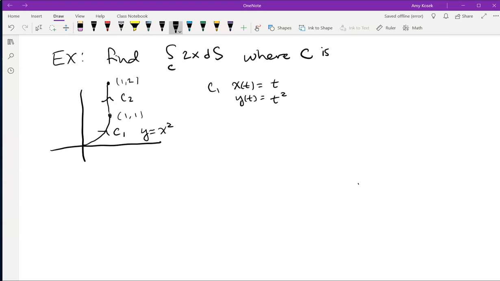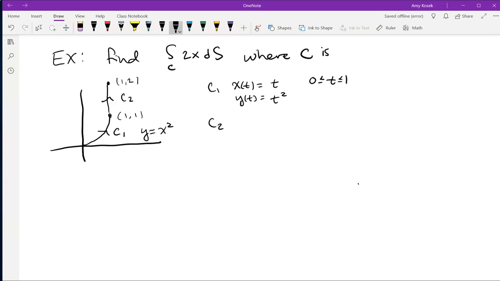And since this is the first piece of our curve, we don't need to do any adjustments to that t. If I just let t start at 0 and stop at 1, then this will follow that little parabola curve from (0, 0) up to (1, 1).